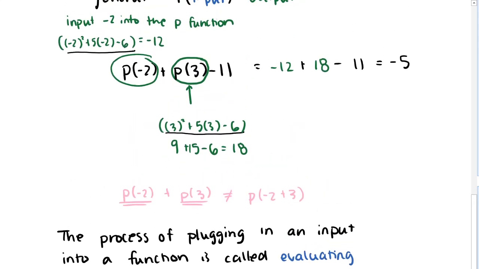Here, what we were doing was evaluating p at negative 2, our p function. We were evaluating p at positive 3, and then we were adding the results and then subtracting 11.